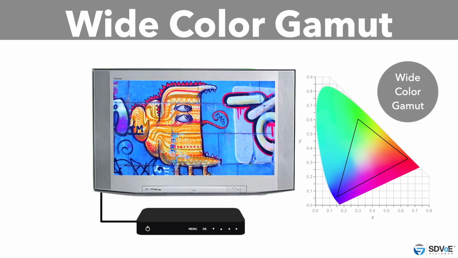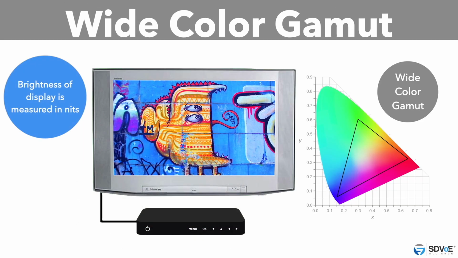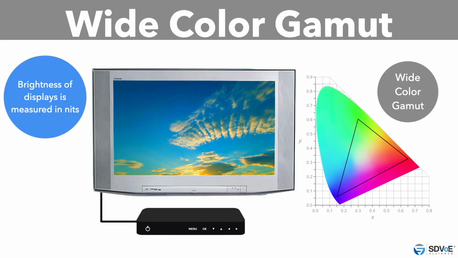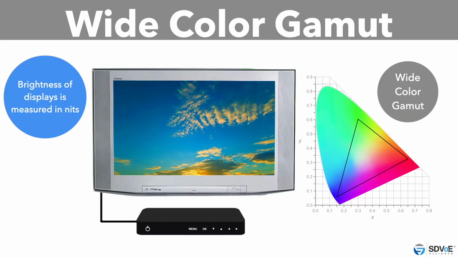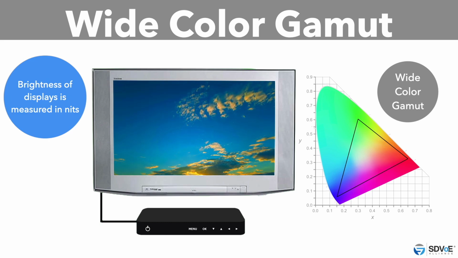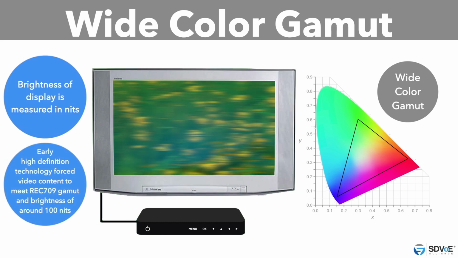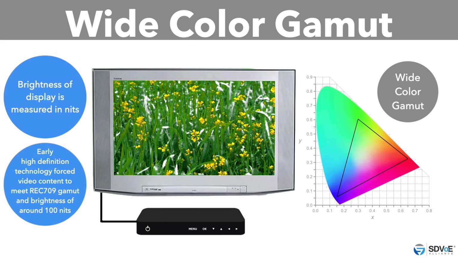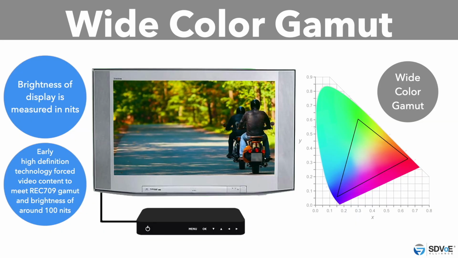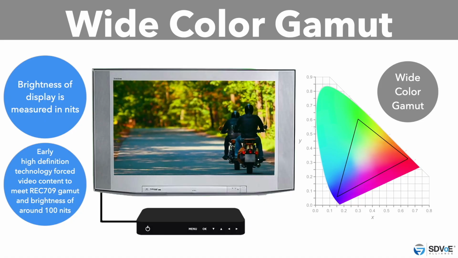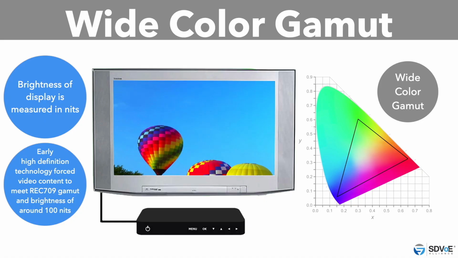The brightness of a display is measured in nits, and when the technical wizards of yesterday went to work making HDR as effective as possible, the standard definition technology available forced video content to be produced to meet the requirements of the typical CRT TVs available using the Rec 709 colour gamut and brightness of around 100 nits.